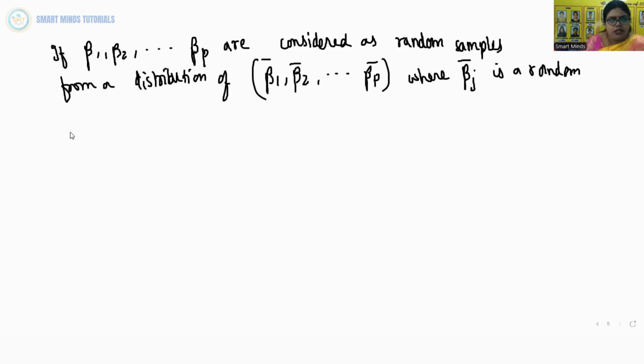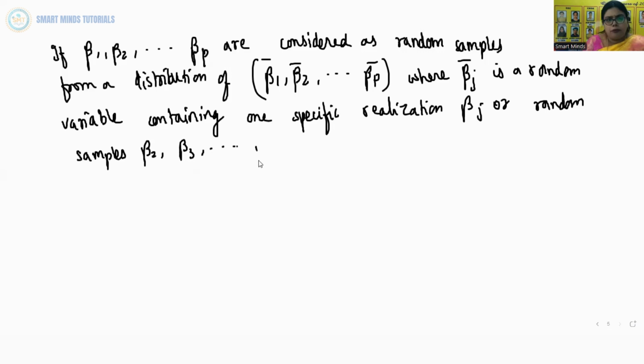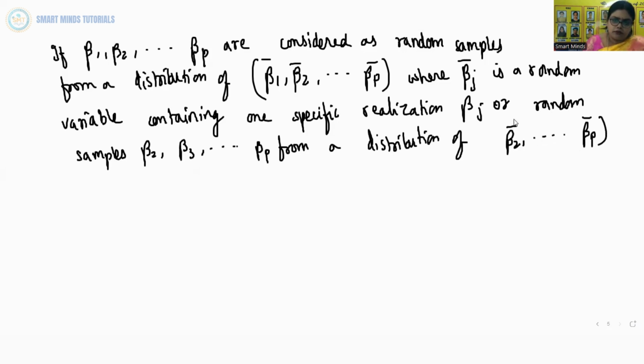So these all are random variables containing one specific realization beta j, or random samples beta 2, beta 3, so on up to beta p, from a distribution of beta 2 bar, so on up to beta p bar, where beta 1 is an additive constant.